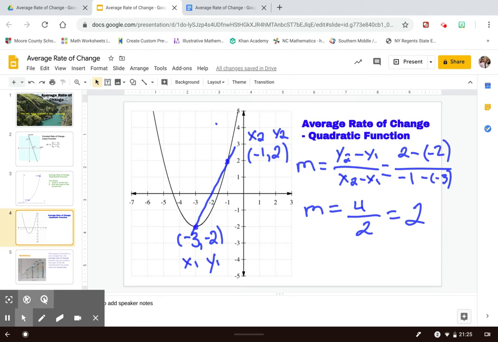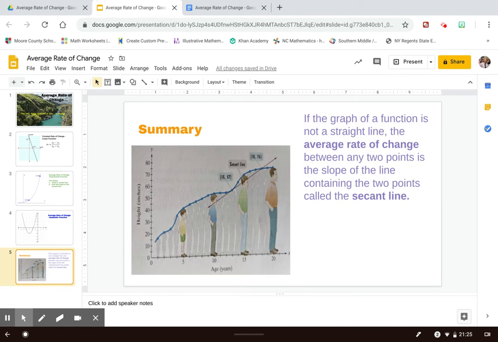All right, so let's look at one word problem and summarize what we've learned. What we've learned is if the graph of a function is not a straight line, which is what we've looked at with our exponential function, which is a curve, and our quadratic function, which is a parabola, then the average rate of change between any 2 points is the slope of a line containing the 2 points, called the secant line.